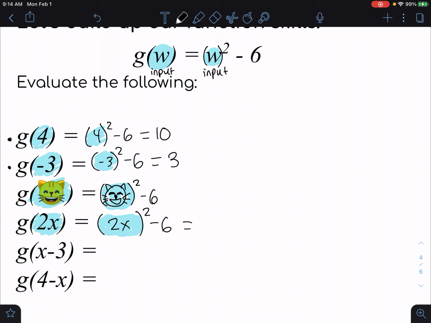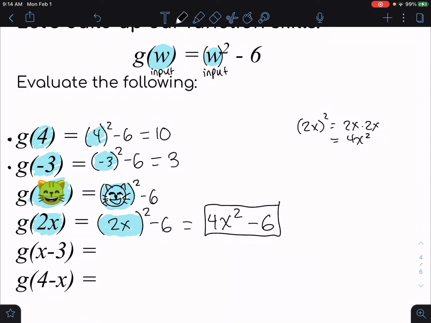And we get 2x times 2x, that's 4x squared, right, minus 6, right? And just think of 2x squared as 2x times 2x. If you maybe left off the squared or left off the 4, okay? It's 2x times 2x. Okay, so we simplified that.